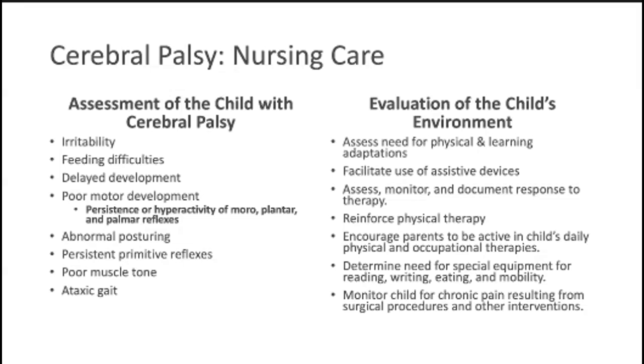Evaluation of the environment. School nurses participate in education planning. We need to assess the need for physical and learning adaptations, facilitate use of assistive devices. These kids are going to have walkers, wheelchairs, communication boards, and computer aids. Interventions to support mobility.